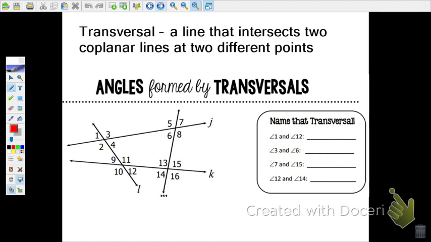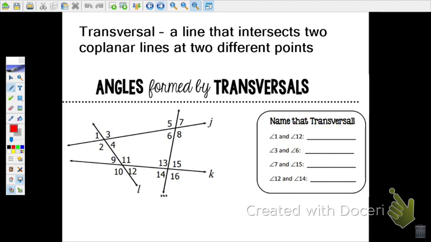And when we have those lines cut by transversals, then we see from all of those numbers different angles that are formed. So, first thing we're going to do is determine our transversals, depending upon the angles that we are looking at.